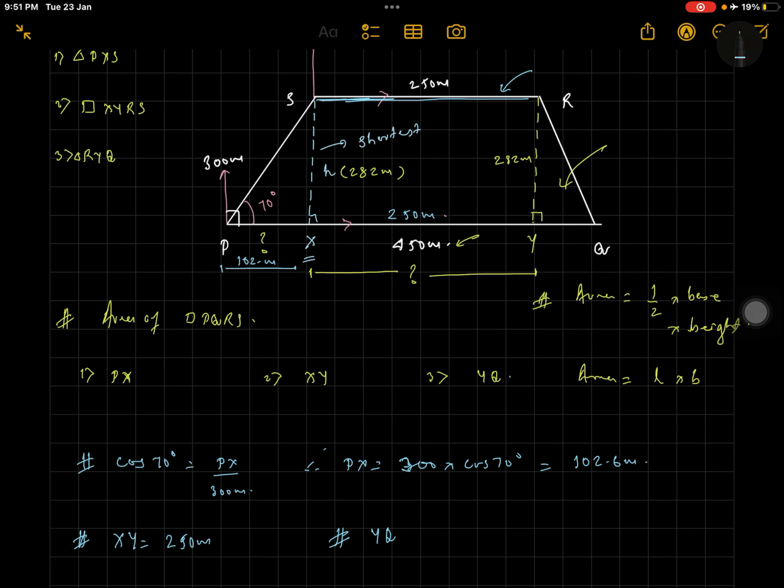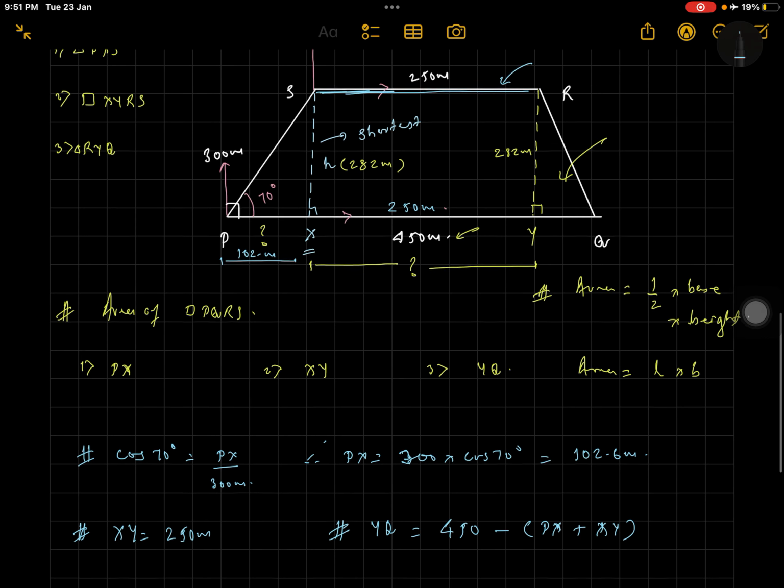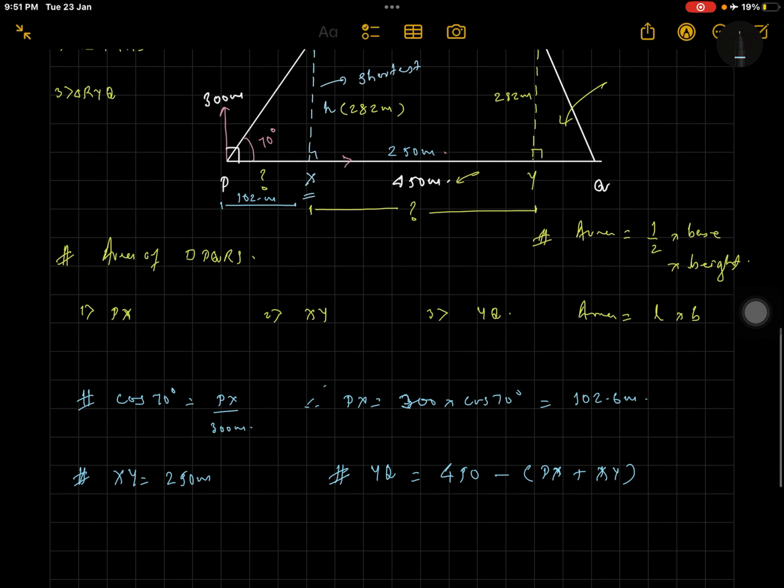Now the last piece is to find YQ. I know now that the total length PQ is 450 meters. I have PX and XY. I take the sum of that and subtract it from 450. So from the 450, the total length PQ, I'm reducing PX and XY.